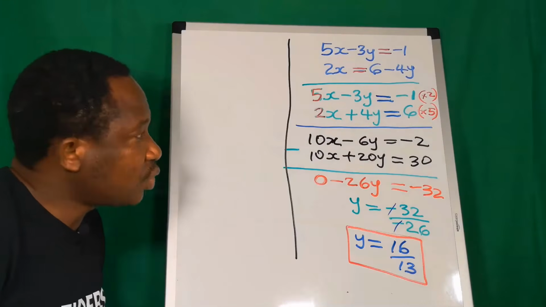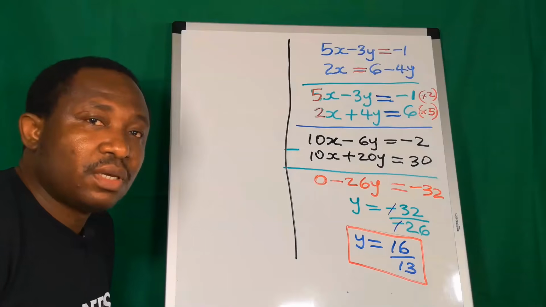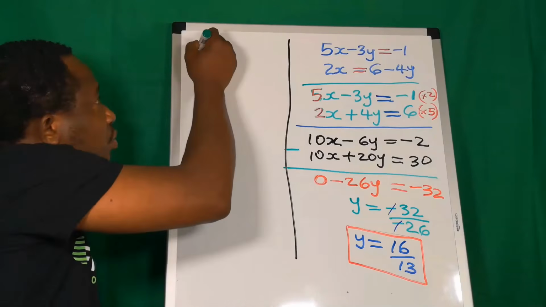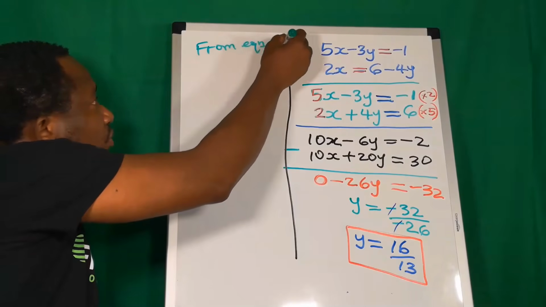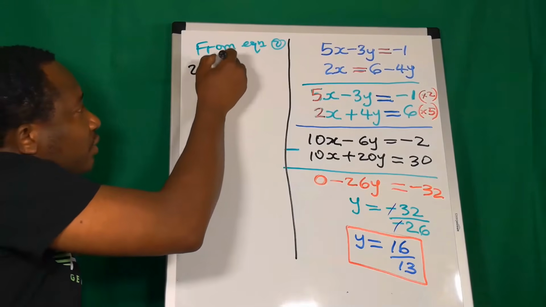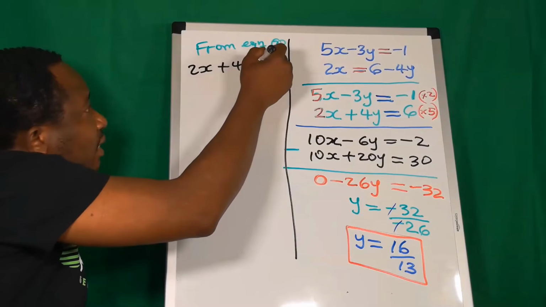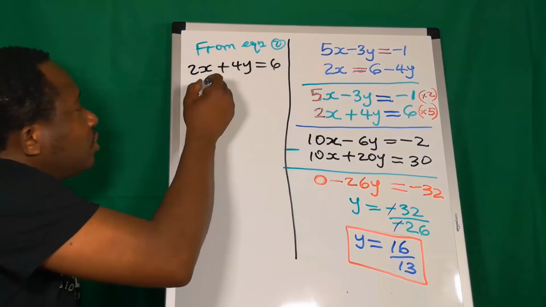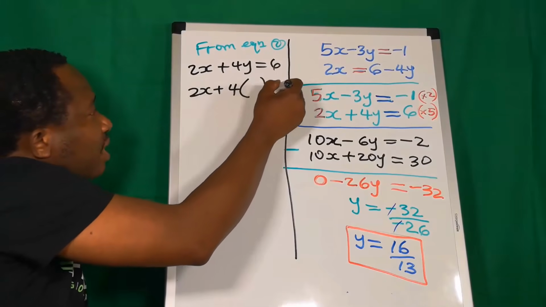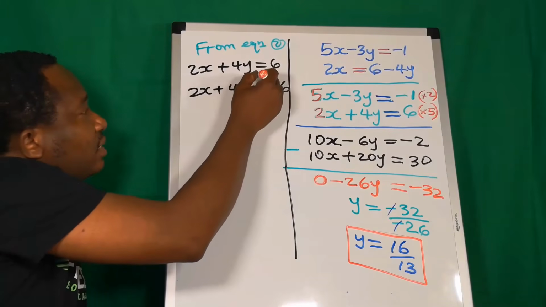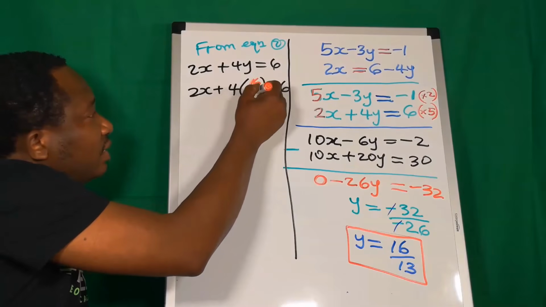Next, let's solve for x. Here, I'm going to use equation 2, where I have that 2x plus 4y is 6. y has a value: y is 16 over 13.